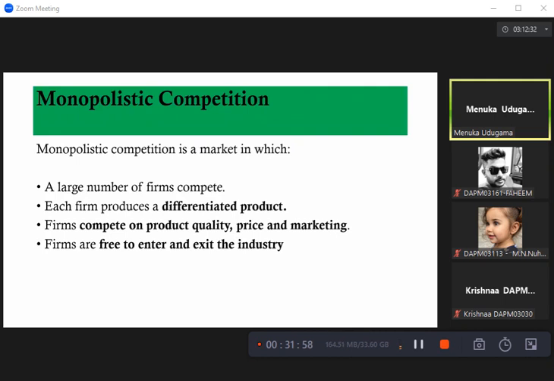Then we looked at monopolistic competition, where there are lots of sellers in the market, but not as many as in a perfectly competitive market. There's still competition, but because there are lots of substitutes, the market could be quite inelastic because there are lots of substitutes.